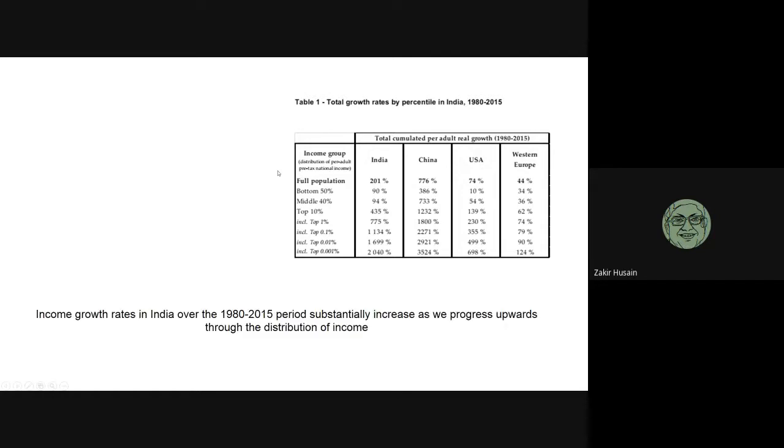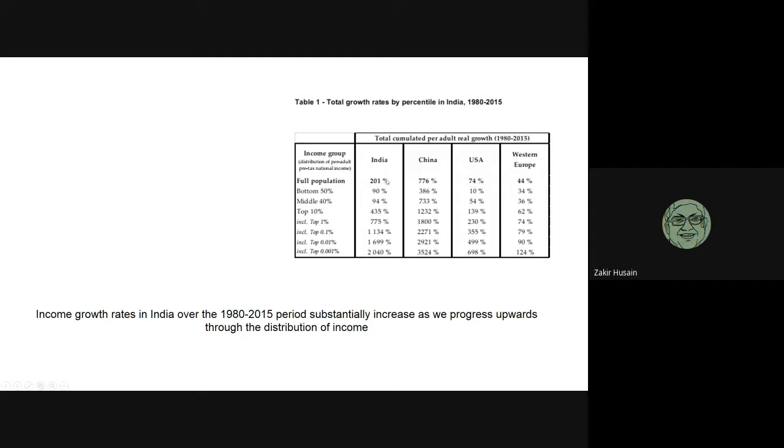If you look at the cumulative growth and compare between countries, in the case of the full population, what has been the growth in income?